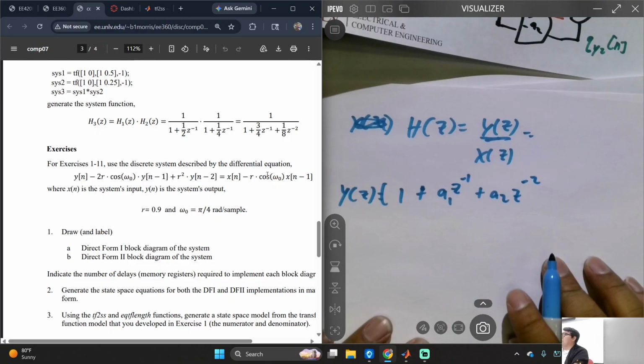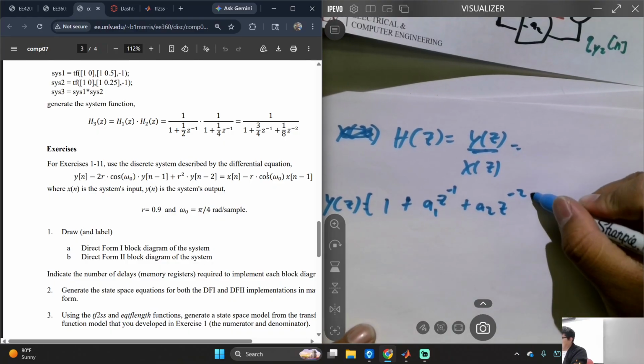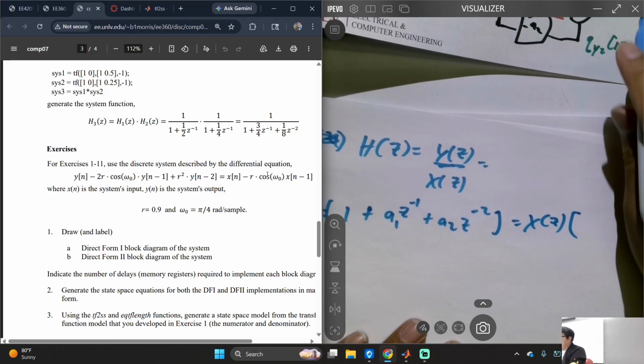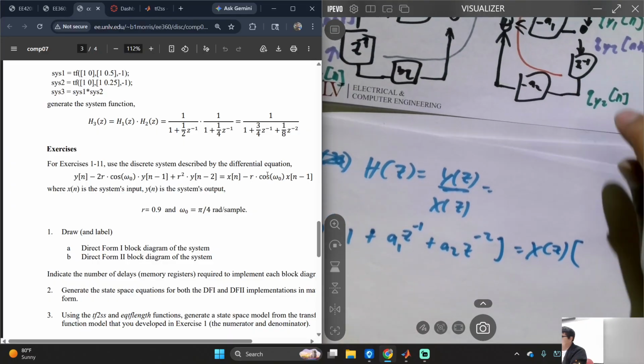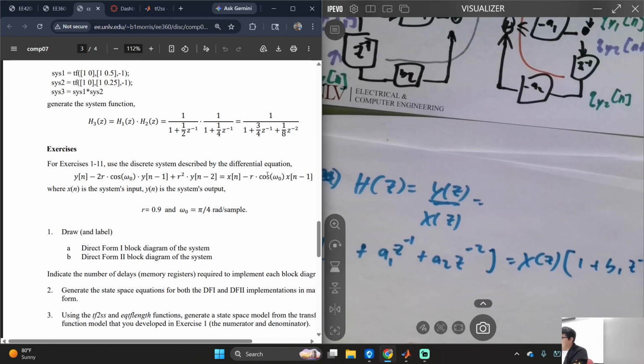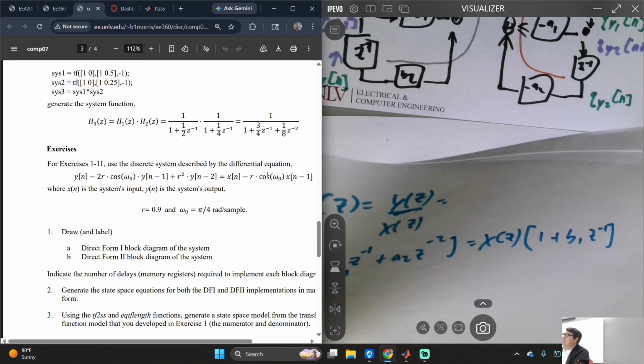Everyone see what I'm trying to do? That is equal to X(z) times the input, 1 plus b1 z^-1, correct?